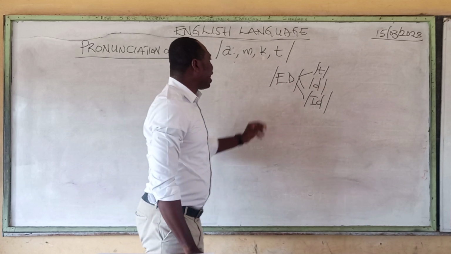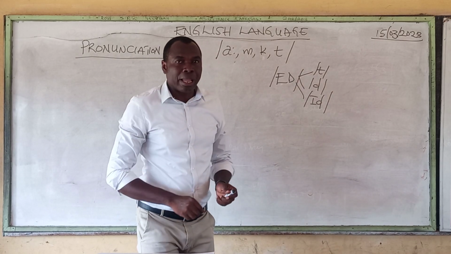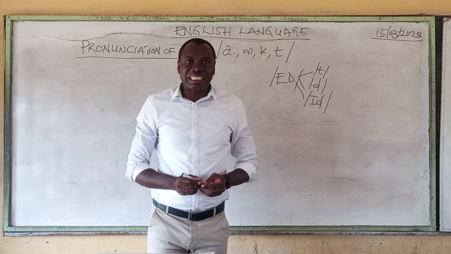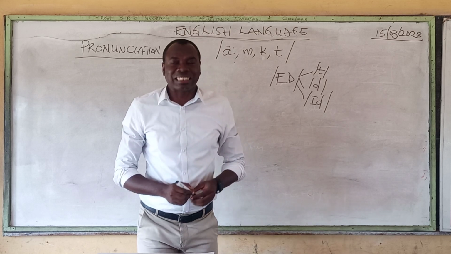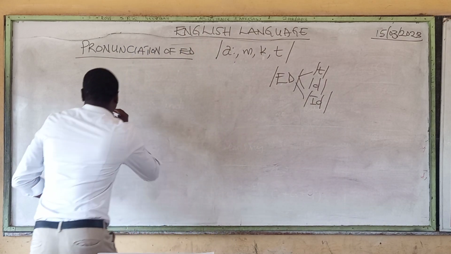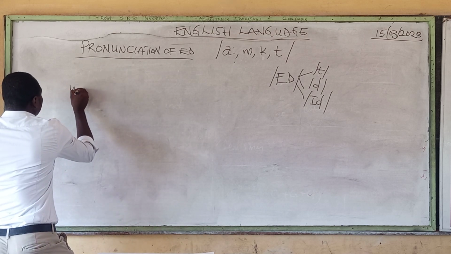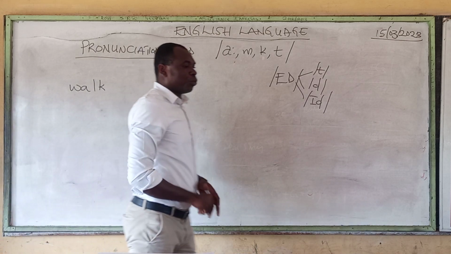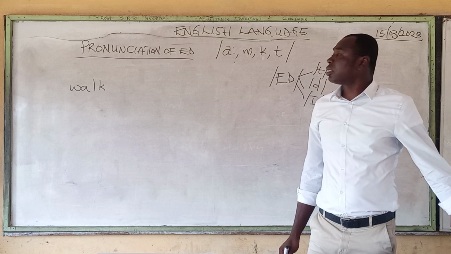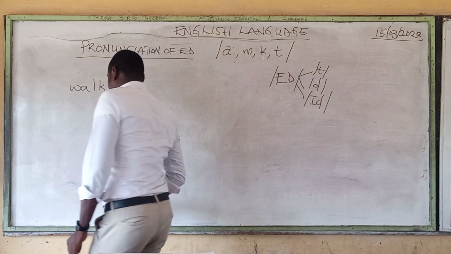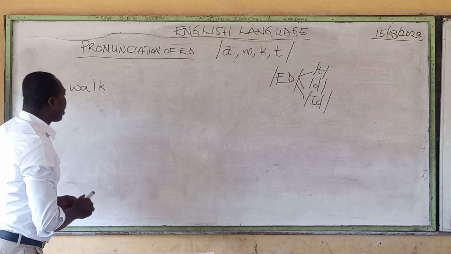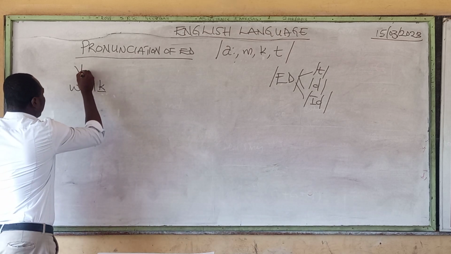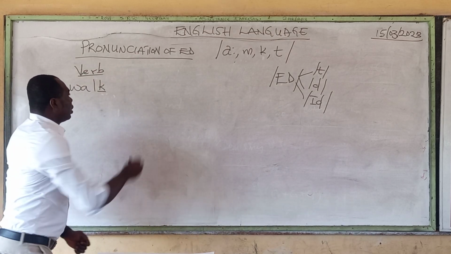ED can be pronounced as t when the regular verb is ending in a voiceless sound and ED is being added to form the past. Example. Now, we have walk as a verb. And you see that the last sound there is k. That is the verb. Then the past.